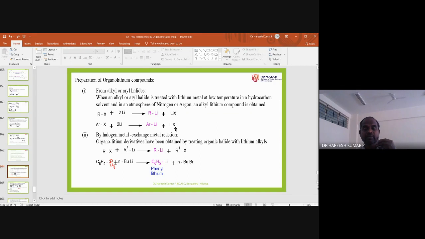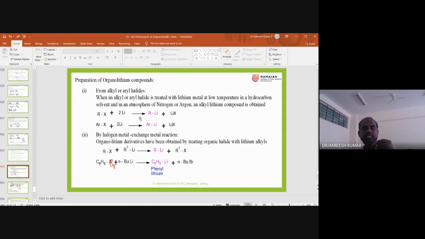Even LiX, the lithium halides, are also hygroscopic in nature, so they will catch the moisture present in the atmosphere. That is the reason these reactions are carried out under an inert atmosphere, meaning a nitrogen atmosphere or an argon atmosphere. That is the thing you need to remember.